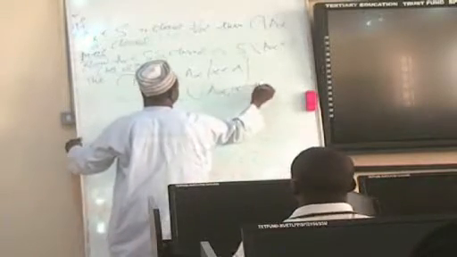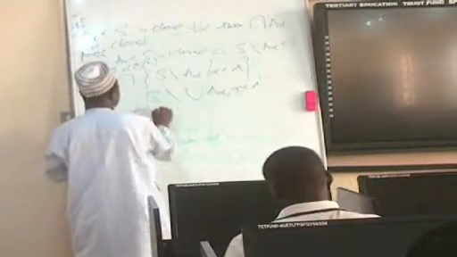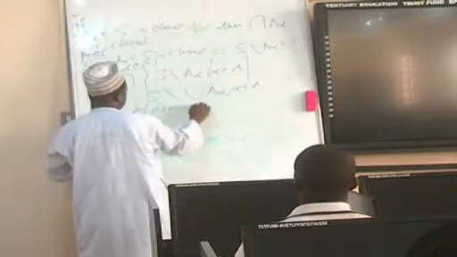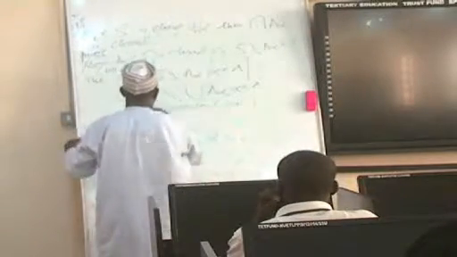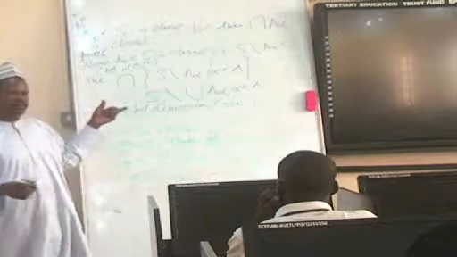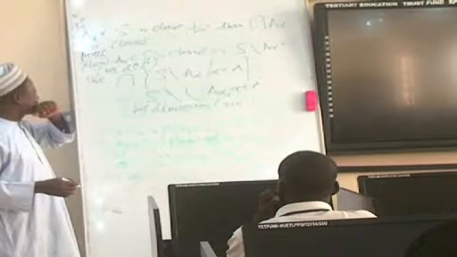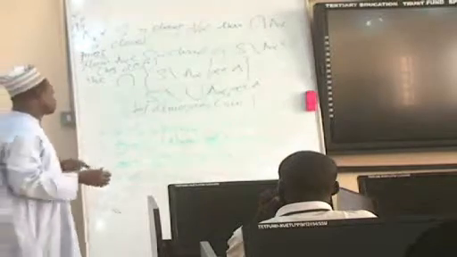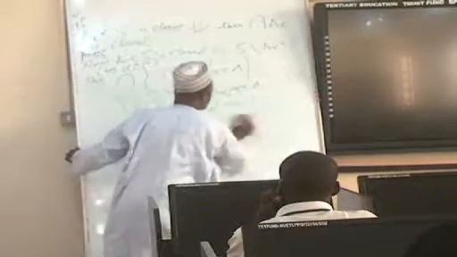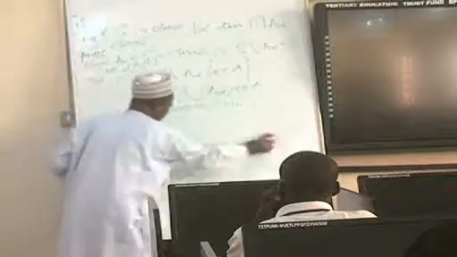This is by De Morgan's law, because De Morgan's law says the intersection of the differences is the difference of the union. Isn't it? Yes, good.